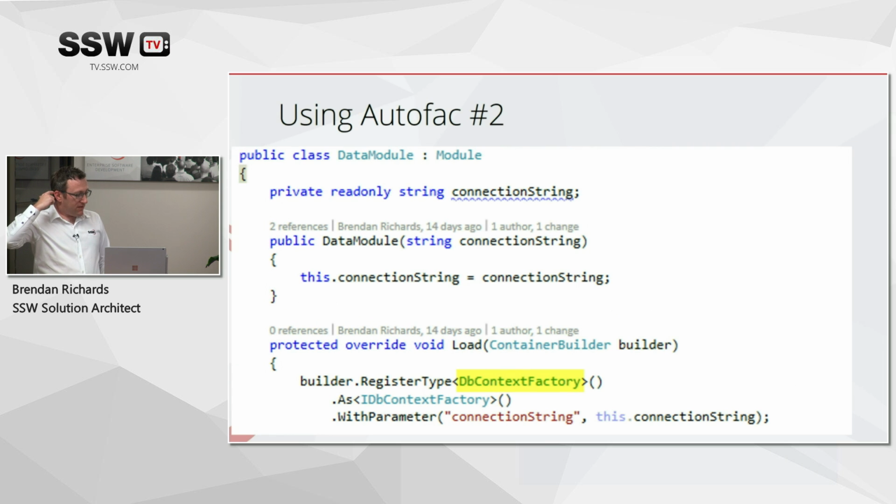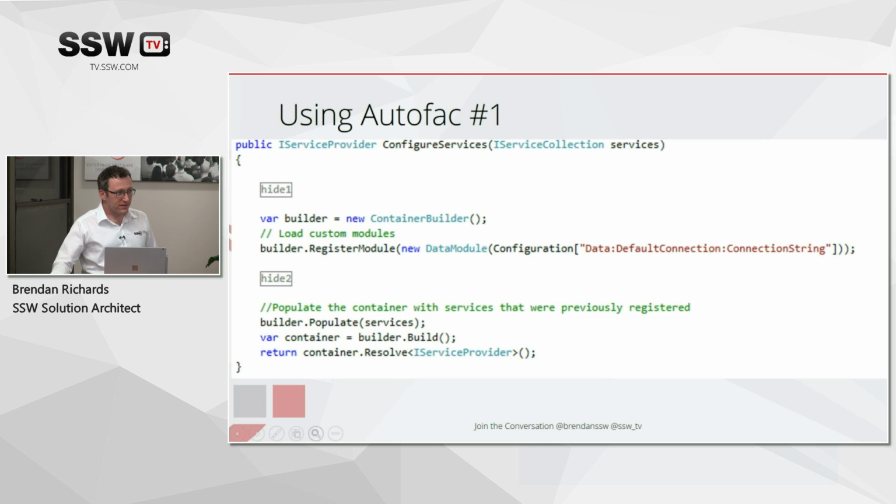So to use that a bit further, I've actually shown you what I've registered here. After creating the container builder from Autofac, I've registered a module. In this case, it's a data module.